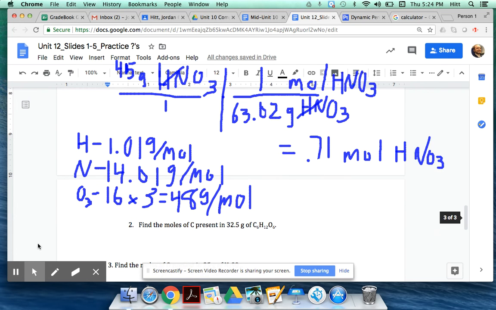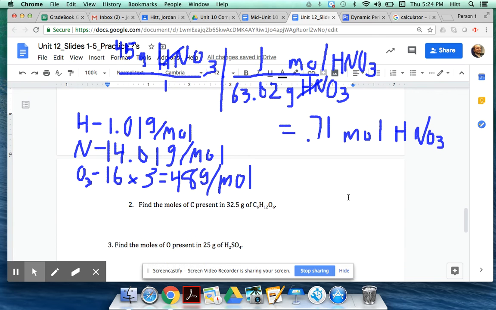So this answer right here, 0.71 moles of HNO3, you have to convert to moles of H by itself. The last step is I'm going to plug in 0.71 moles of HNO3 over 1 now.